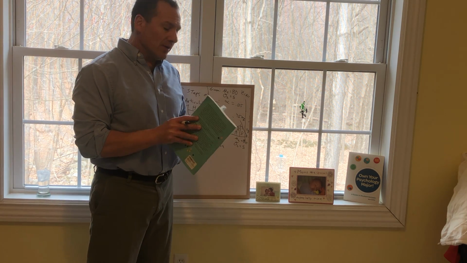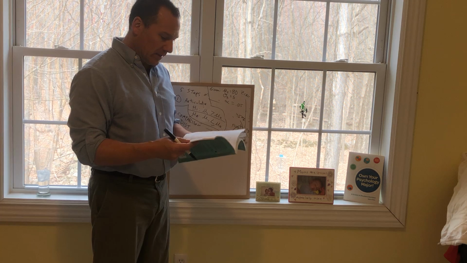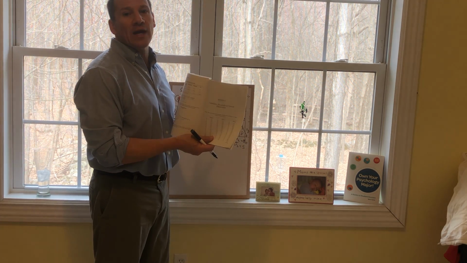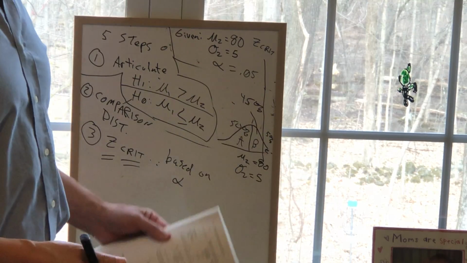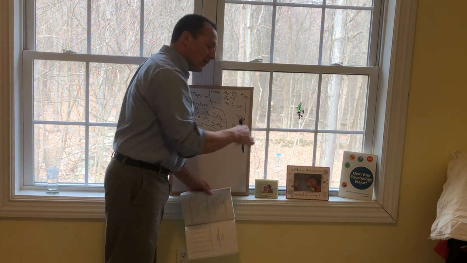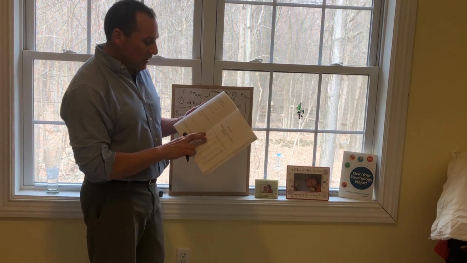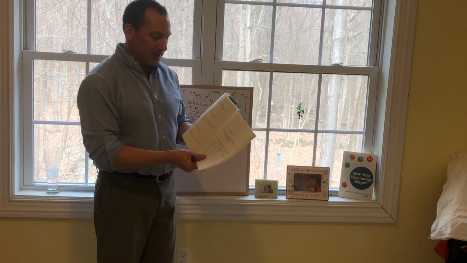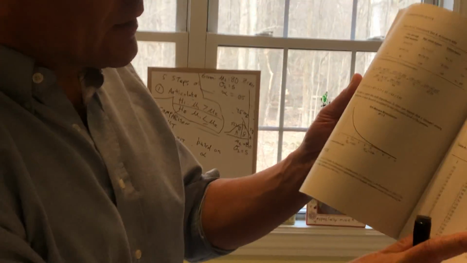Do you remember, on page 325 we have our appendix, the Z table. We can figure out the Z critical here by looking up the Z table. Remember, the Z table has two columns.